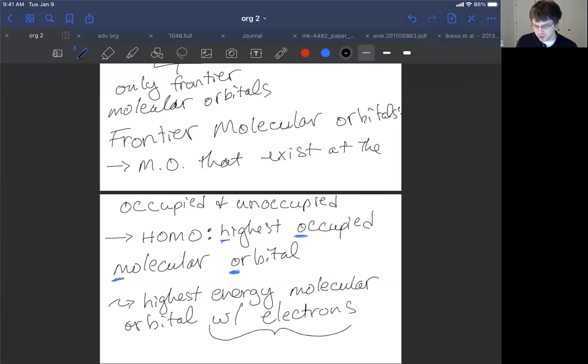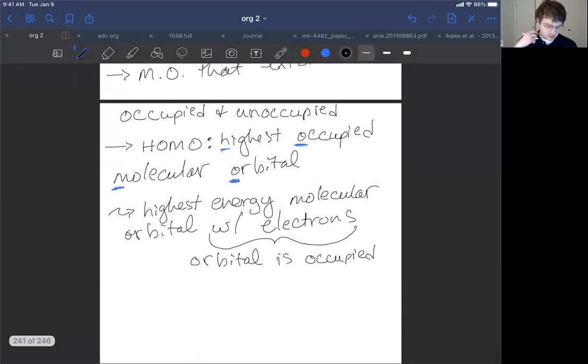And when I say with electrons, I'm saying that the orbital is occupied. It's the highest energy version of all of the orbitals that are occupied. There could be many orbitals that are occupied, especially if we're combining sigma and pi systems, and this is the highest energy one that's occupied.